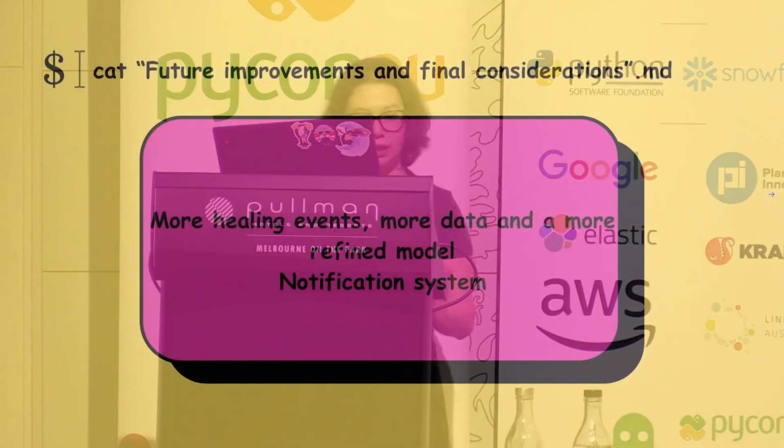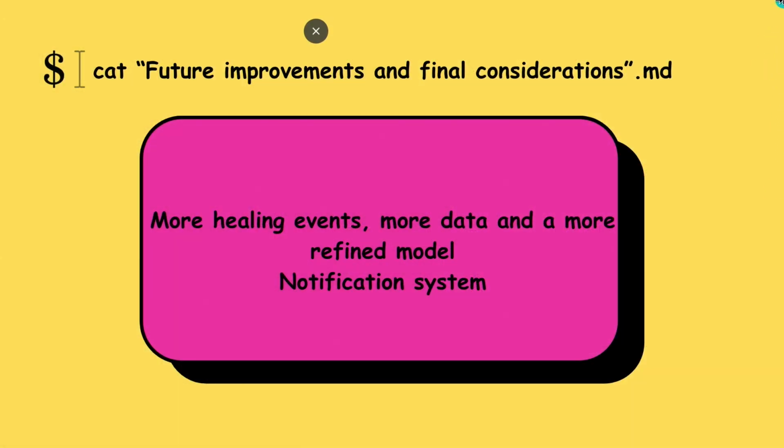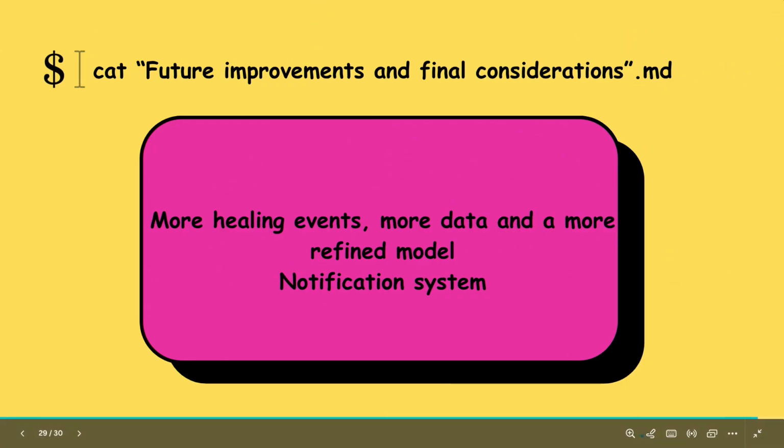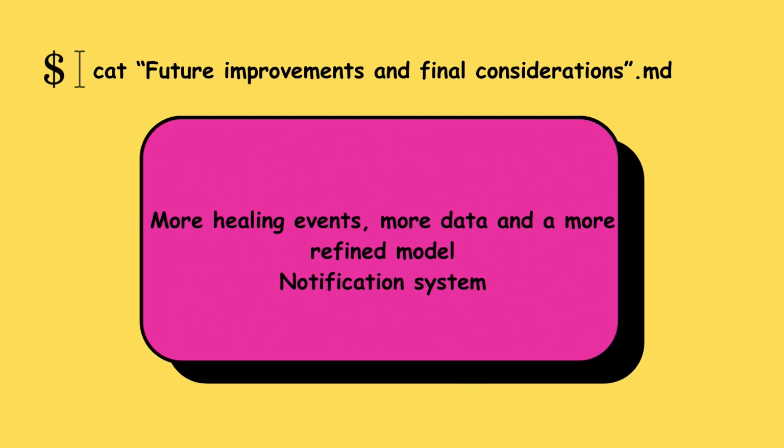Final considerations, really quick. To finish this talk, there are a couple of things I want to mention about the future of this project. This was trained with synthetic data. So moving forward, as more healing events happen in our tests, we will have more data to retrain the model and refine it later.